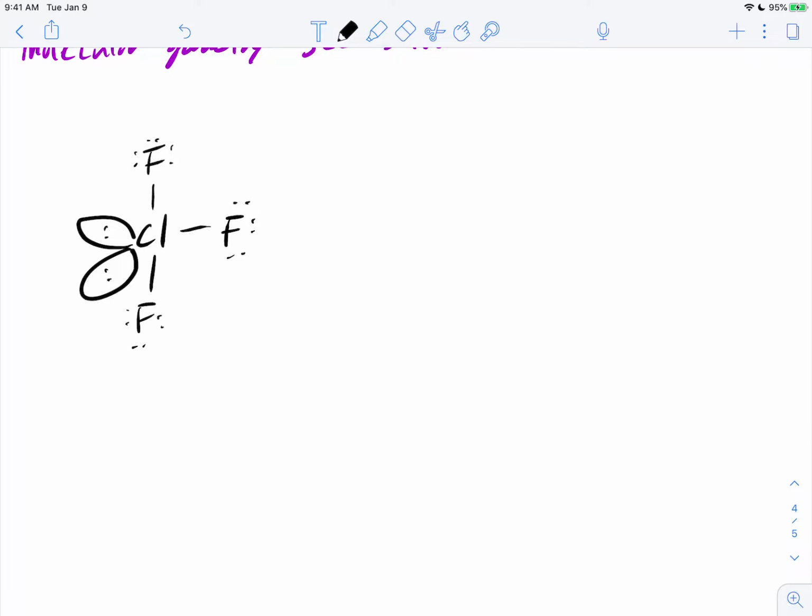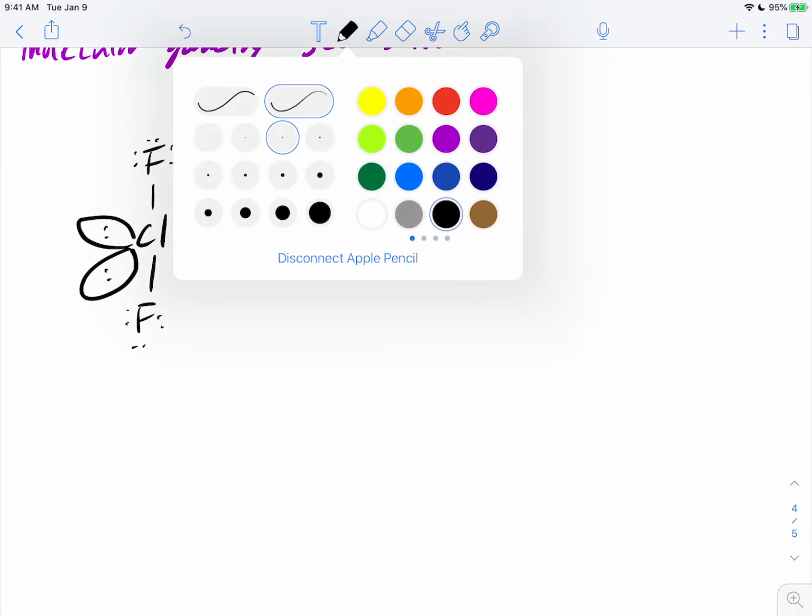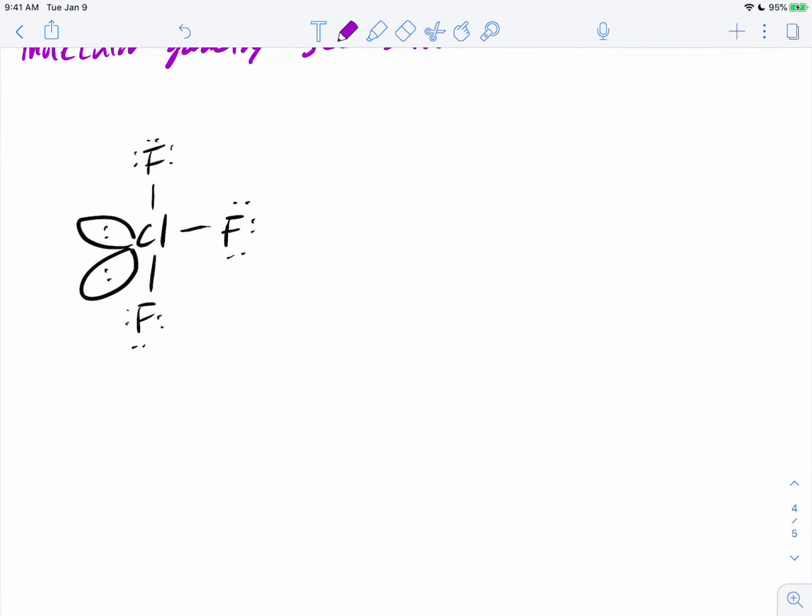If we look at the bond angles, the only bond angle we have is between the central atom and either the top or bottom, and that's going to be definitely less than 90 degrees. We don't have any bond angle with this fluorine in the plane that's close to less than 120 because there's two lone pairs. We can't really make a bond angle there.